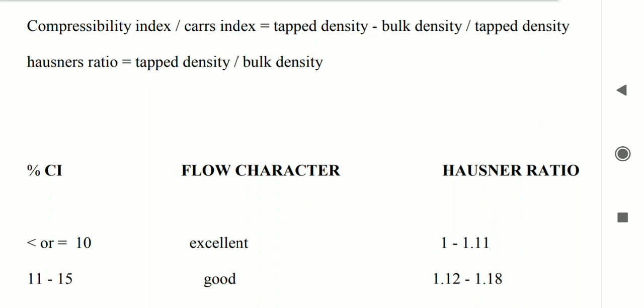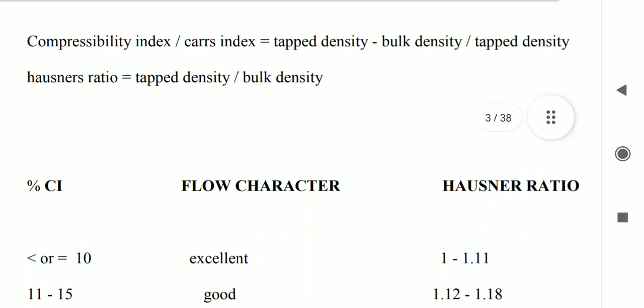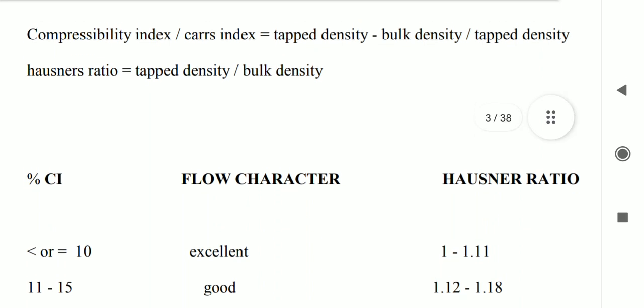Then we tap the material, applying some shaking, and after that tap density is measured. So tap density minus bulk density by tap density, this is Carr's index.